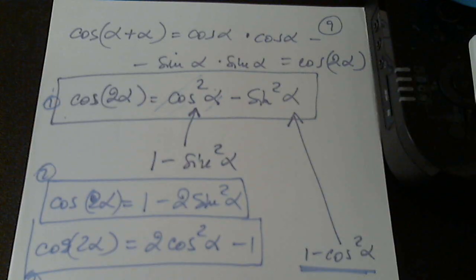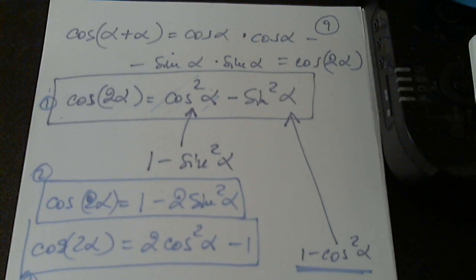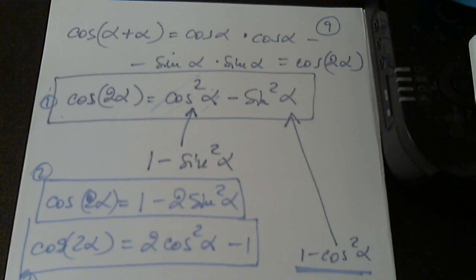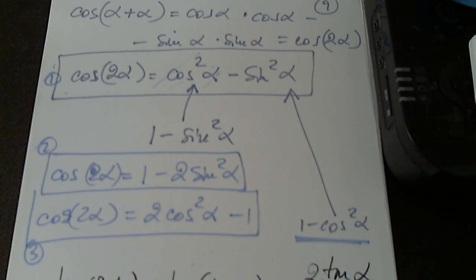So what is this? Nothing. Tangent alpha plus alpha. Well, we know that this will be tangent alpha plus tangent alpha, which is twice tangent alpha, over 1 minus tangent alpha times tangent alpha, which is tangent squared alpha. From the same formula.